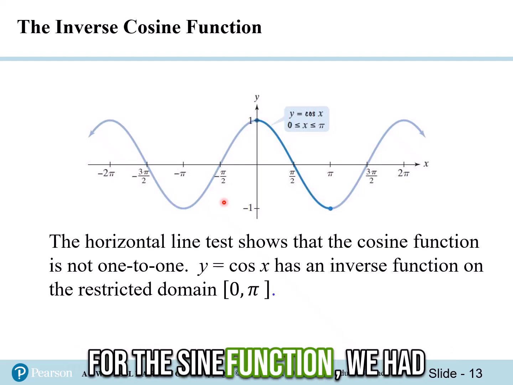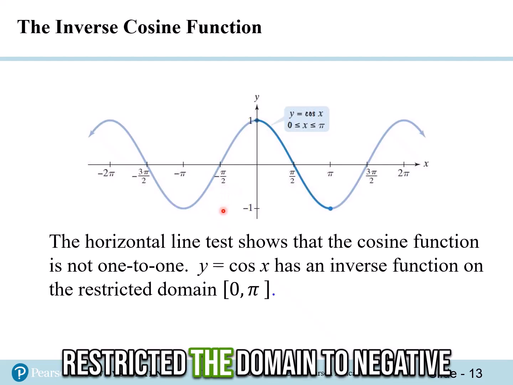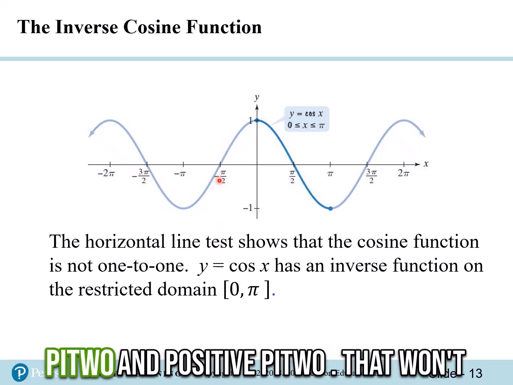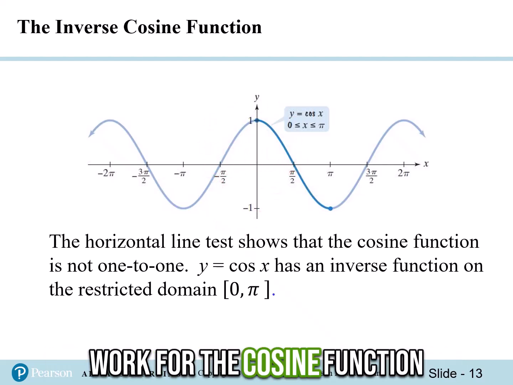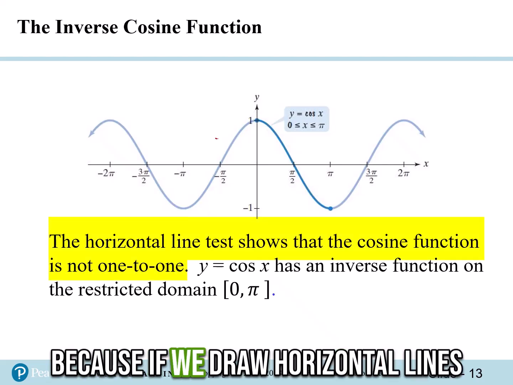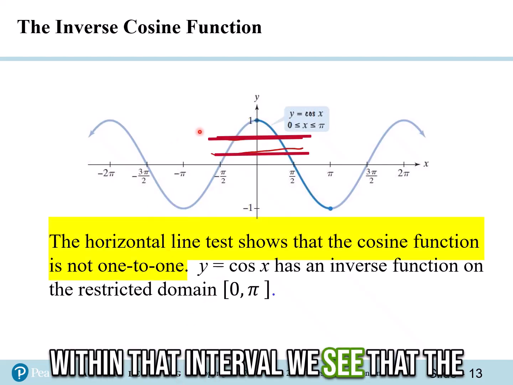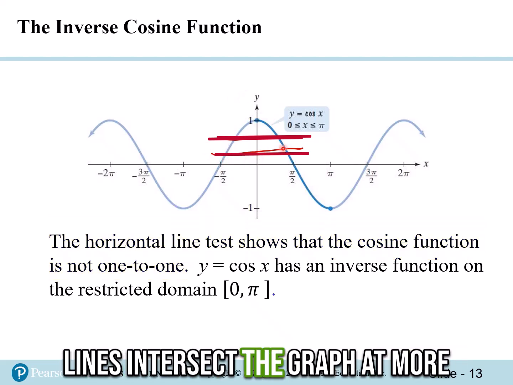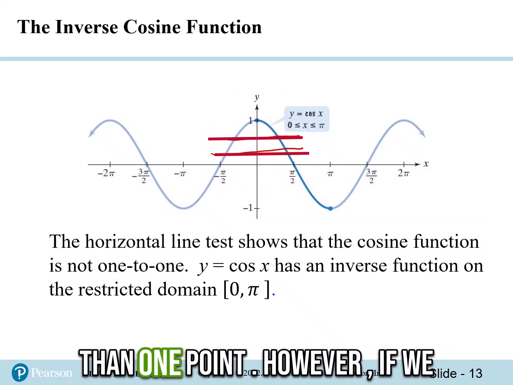Now, for the sine function, we had restricted the domain to negative pi over 2 and positive pi over 2. That won't work for the cosine function because if we draw horizontal lines within that interval, we see that the lines intersect the graph at more than one point.